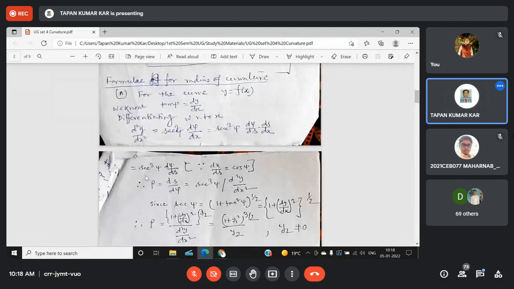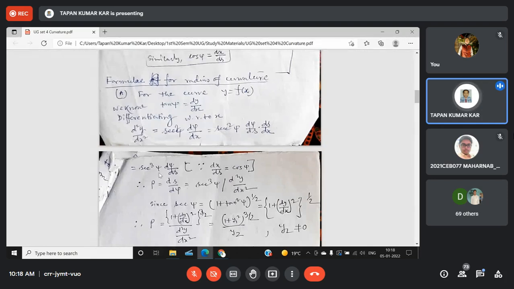Okay, next, sec cube psi d psi ds. Why sec cube psi? Because dx ds equals cos psi. It is 1 by cos psi, so sec psi, so sec cube psi. And rho equals ds d psi.